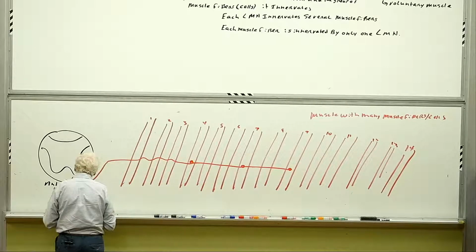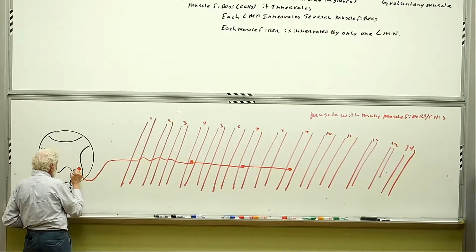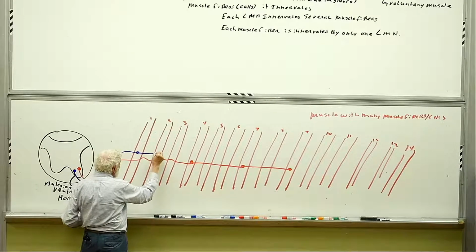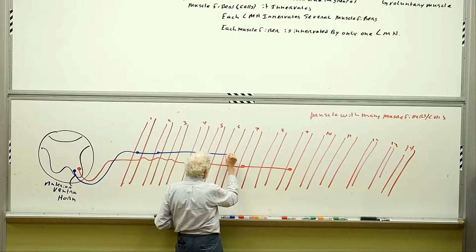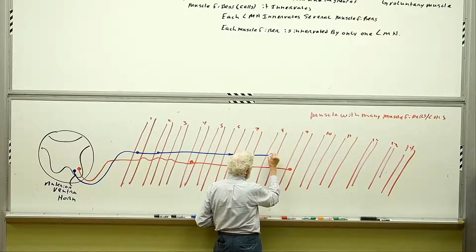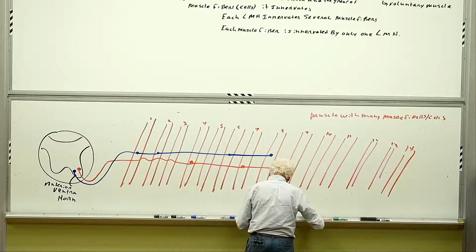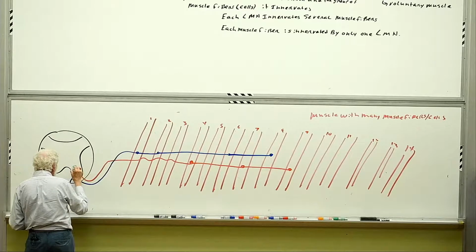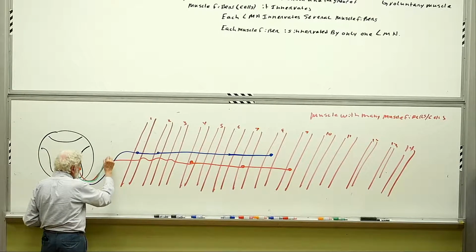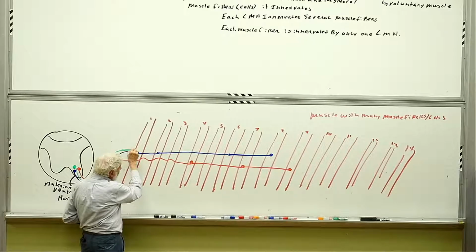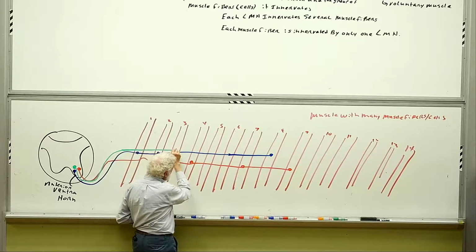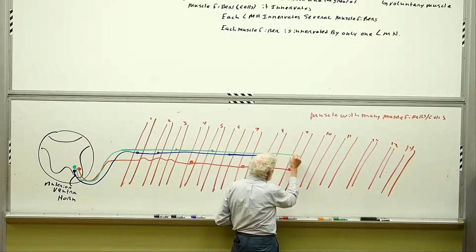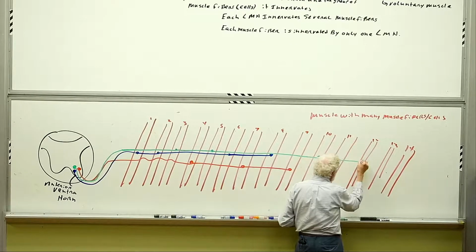Meanwhile, blue, during development, does the same thing. Blue sends a process out. It, however, innervates 1, 2, 6, and 8. Green, again, cell body in the ventral horn, sends a process out, joins the spinal nerve, and innervates, say, 3, 5, 10, and 12.